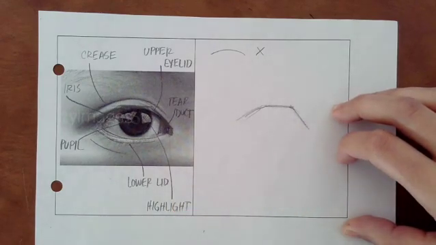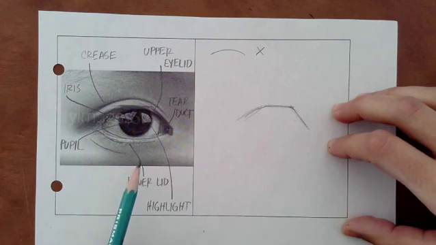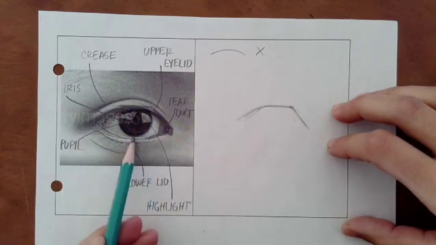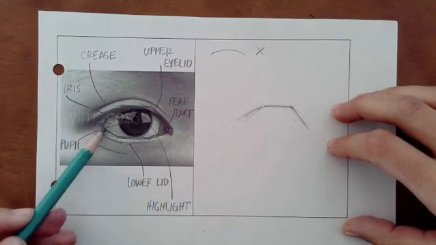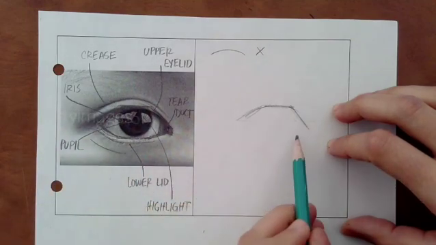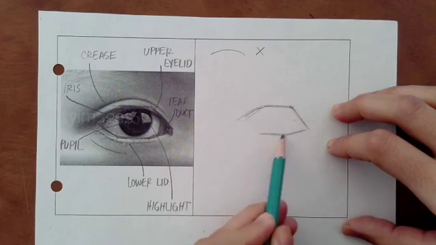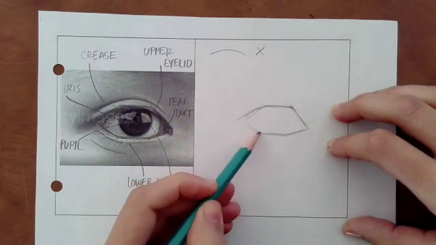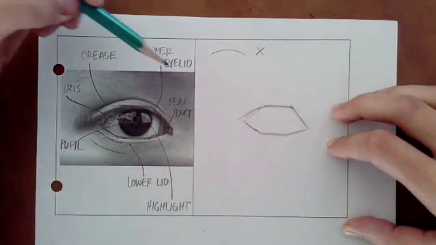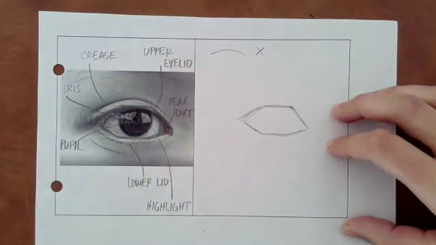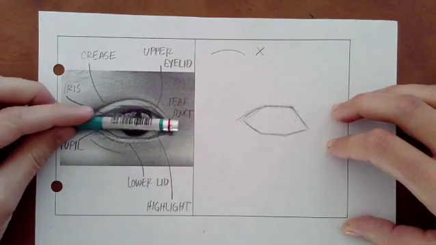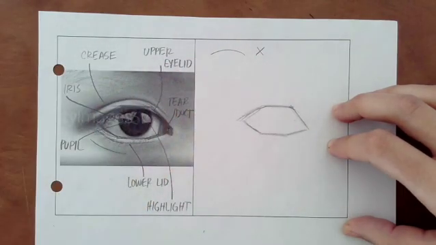Then I want to go ahead and do the lower eyelid, which I'm going to follow the same process, breaking it down into 1, 2, and at the end 3. So I'll go 1, 2, and 3. Again, checking myself, putting this here at the corner, putting this here at the corner, and seeing that those match pretty well.